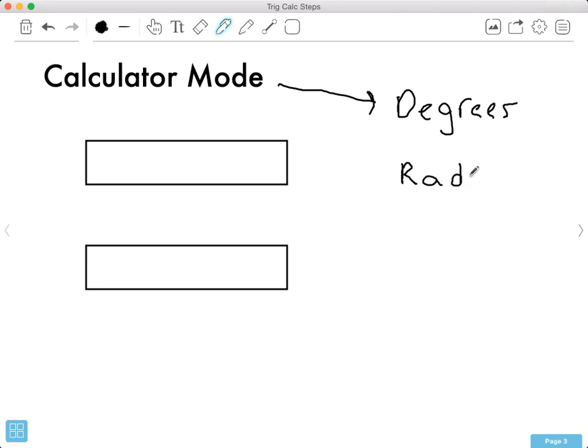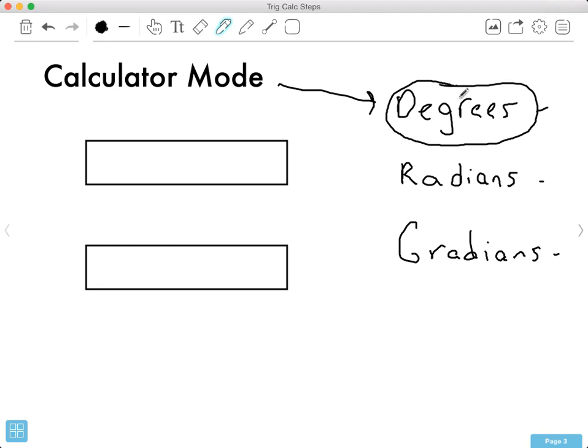Radians, which show up in the Pre-Calculus 40S course. And gradients, which don't show up in any high school course. These are just 3 different ways of measuring angles in a triangle.